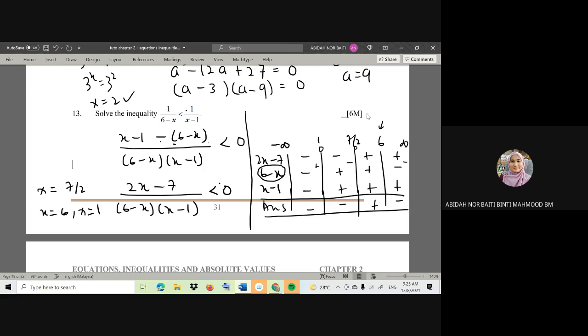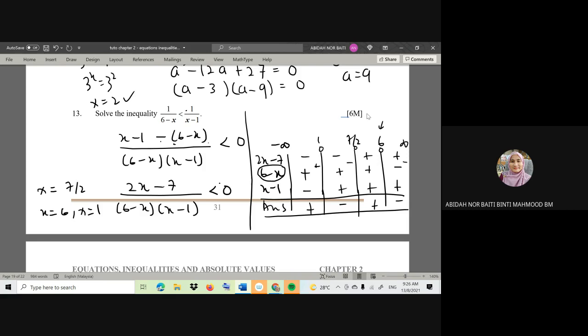So we use all empty circle. Saya salah letak ke ni ya? Ada salah tak sign ni? Oh ni positif kan? So negatif, negatif, positif lah.